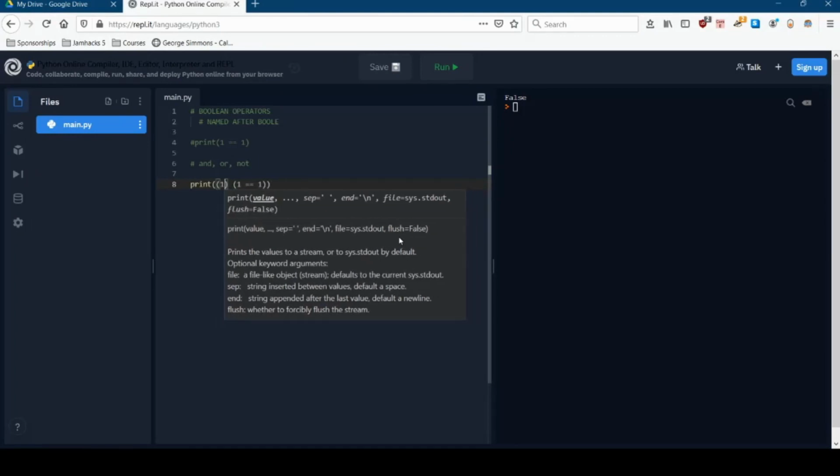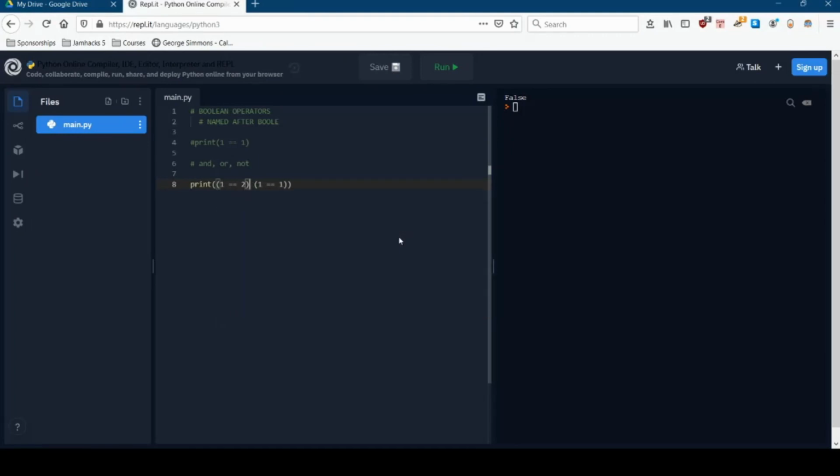Okay, the next one we'll talk about is or. Quick pop quiz, answer this in your head: what does 1 double equals 2 evaluate to? The answer was false, because 1 isn't equal to 2.